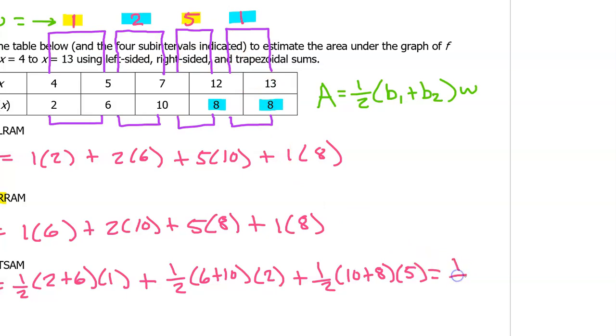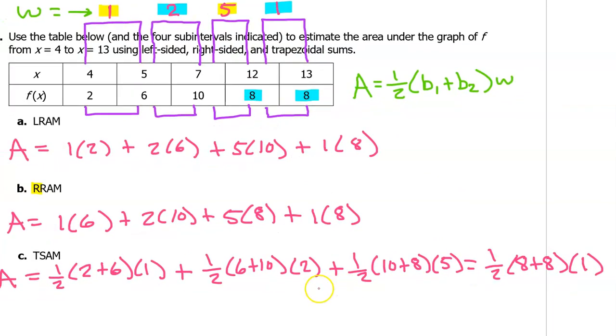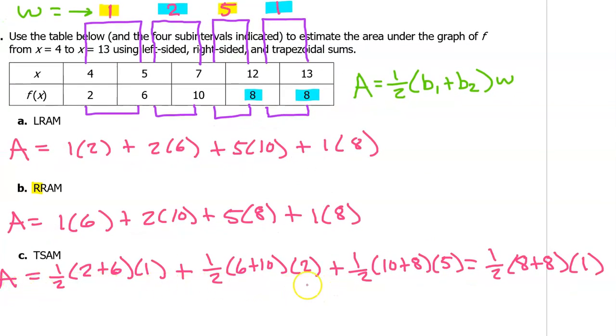So we have 1/2, 8 plus 8, and then times the width, which is 1. So this is the answer. This is the expression for the approximate area under the curve as represented by a sum of trapezoids.